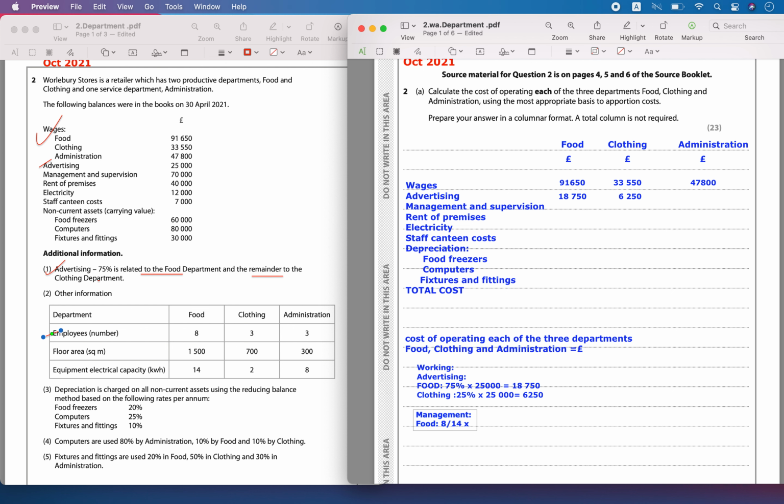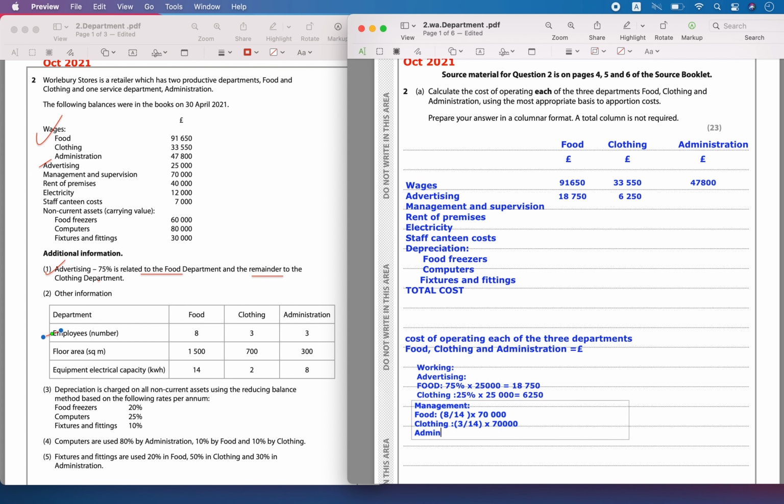So 8 out of 14 is going to receive this share of the 70,000, that is 8 parts out of a total of 14 parts.